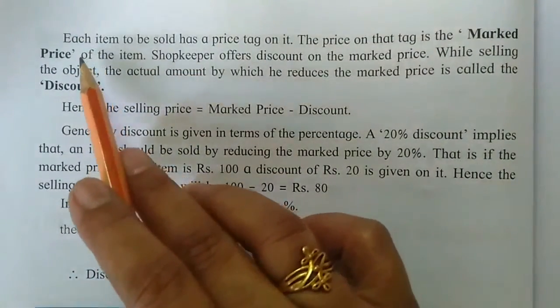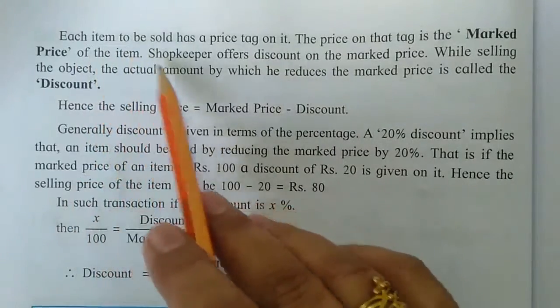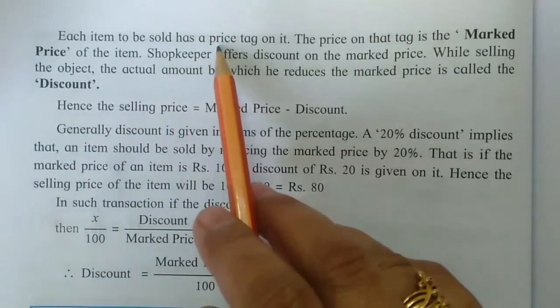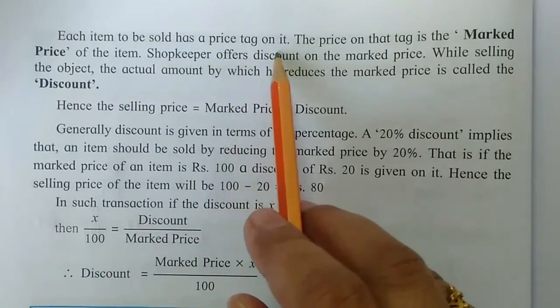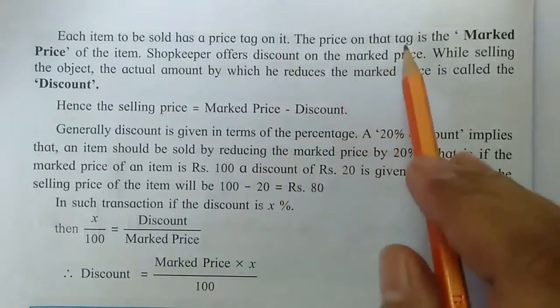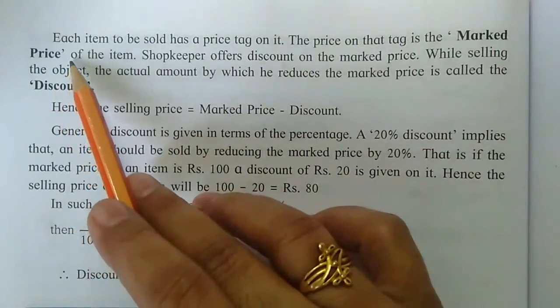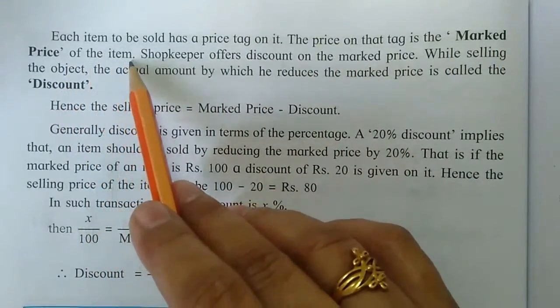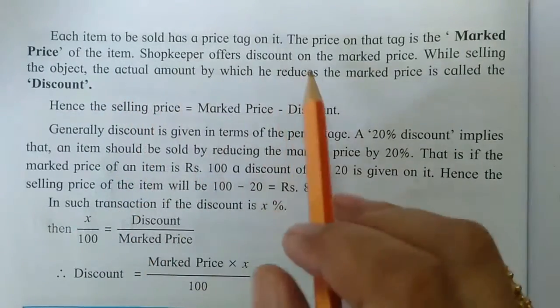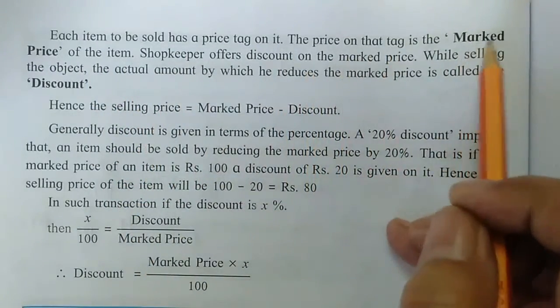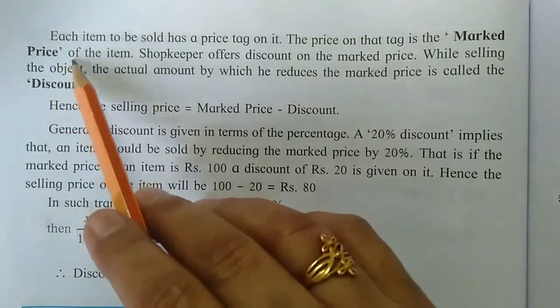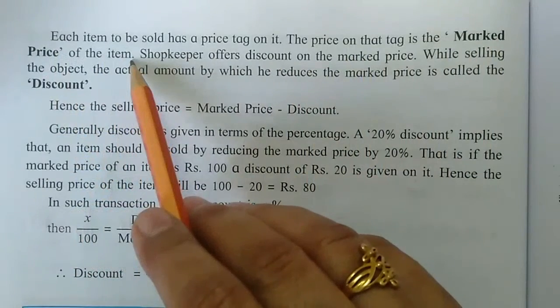When we go to the market, on each item the price tag is given. That price tag is called the mark price of the item.